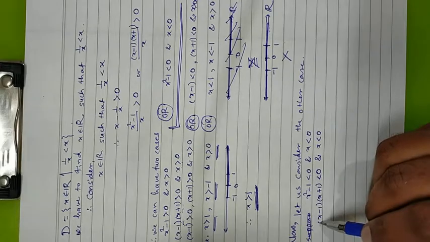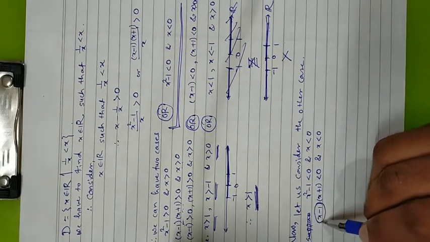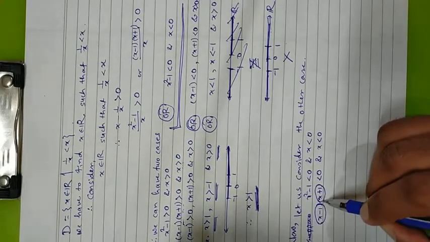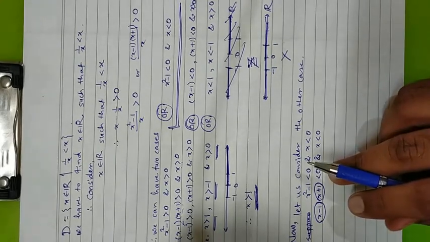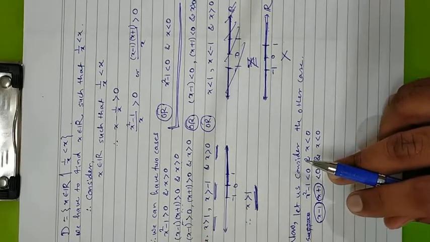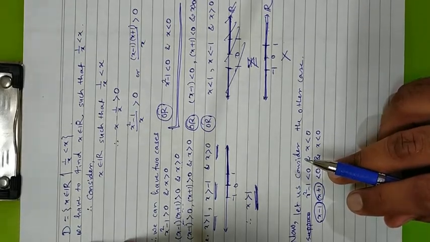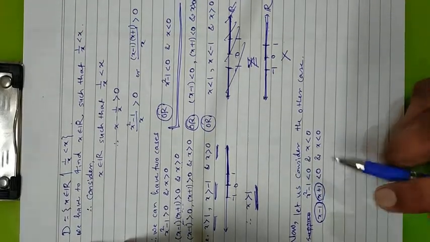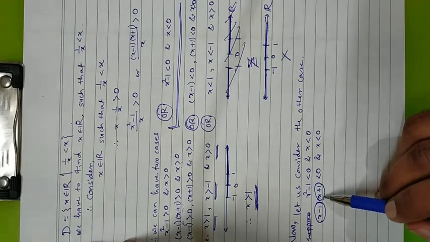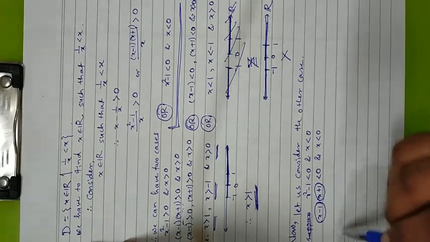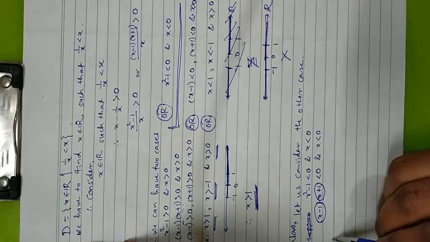So it says that the product of two things is less than 0. That means the product of two things is negative. When it is negative, one of them is positive and the other one is negative. So what can be the choices?